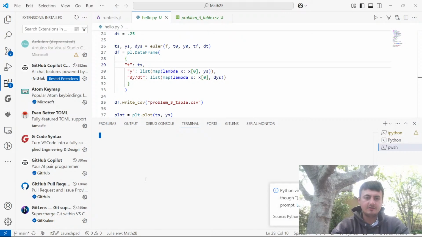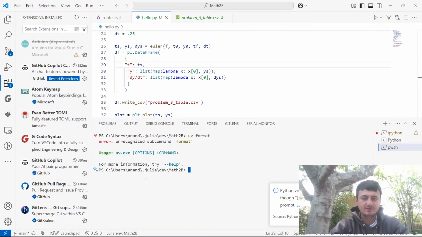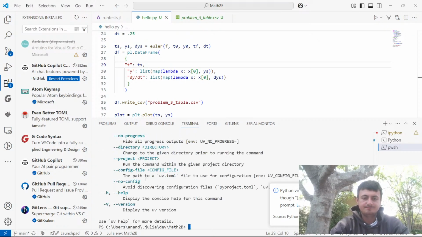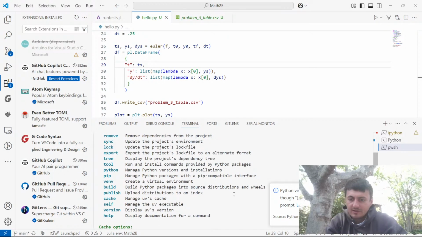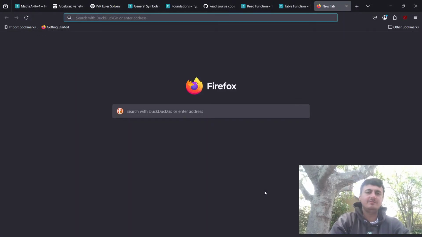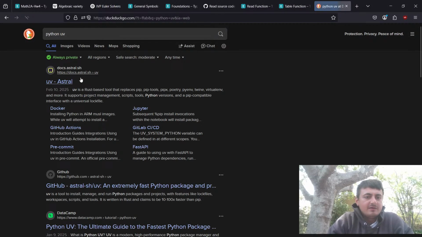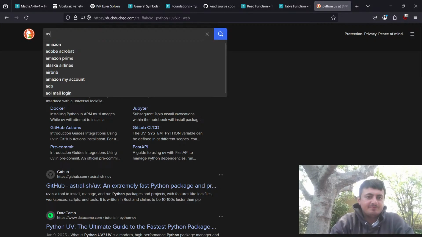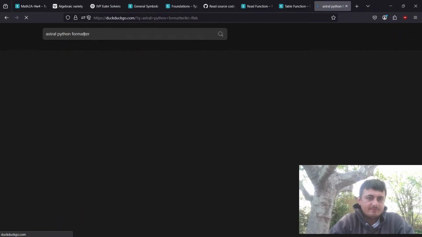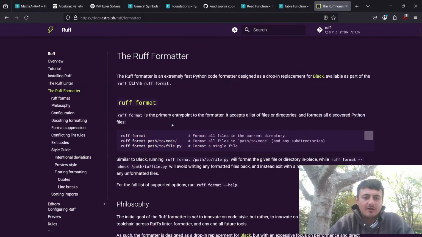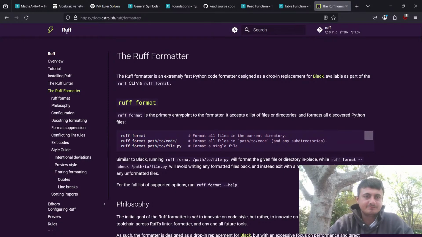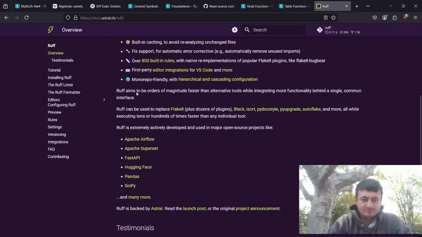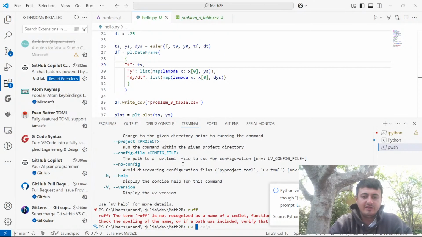Wait, is there not? There's probably like a UV format or something. Does UV have a formatter in it? I bet the people who make UV, Astral. Astral has Ruff. That's what I want. I want Ruff. How do I get Ruff? I should be able to just do like UV add ruff.